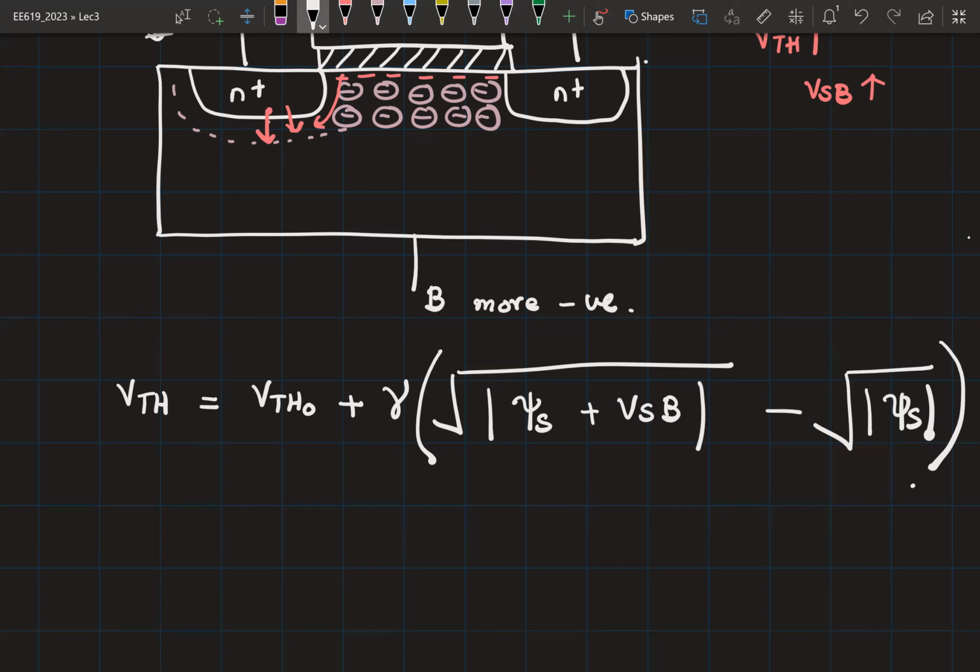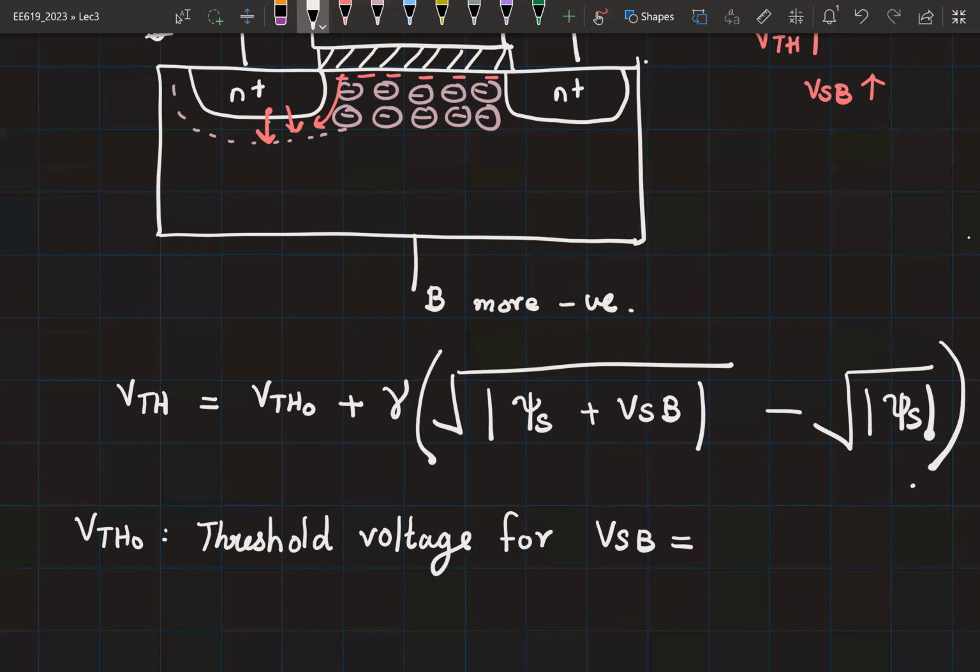So this VTH naught is the threshold voltage for VSB equal to 0. Now this VTH naught is also an empirical parameter because the actual threshold voltage is a function of so many things.